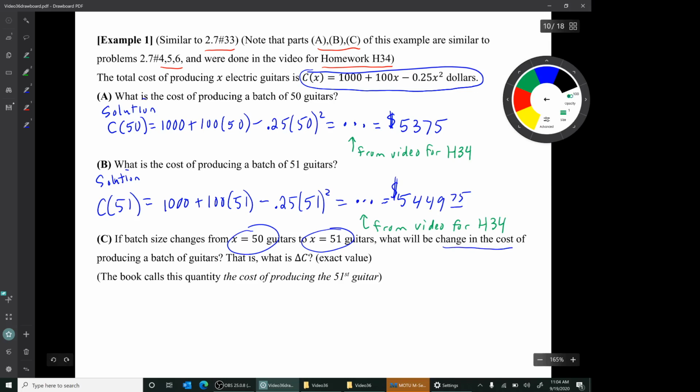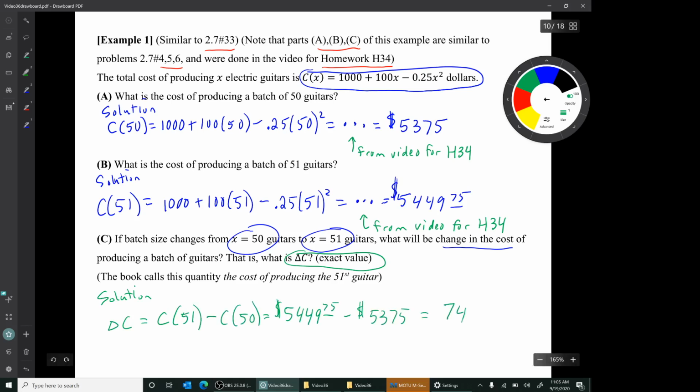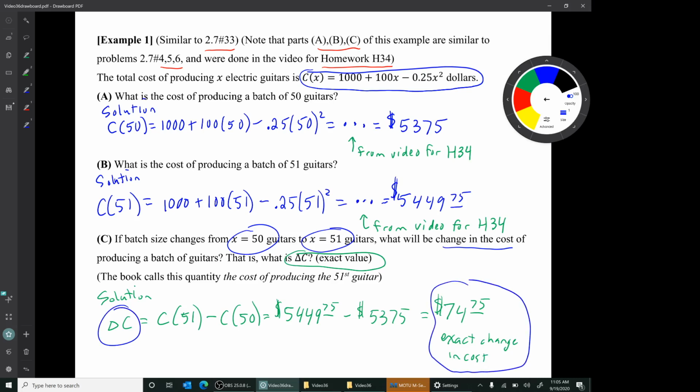Now we recognize that this is the exact value we're being asked for, so I'm going to do this solution in green. So our result is that the exact change in cost is $74.75. So again, all those three parts, A, B, C, were done in the video for homework 34.